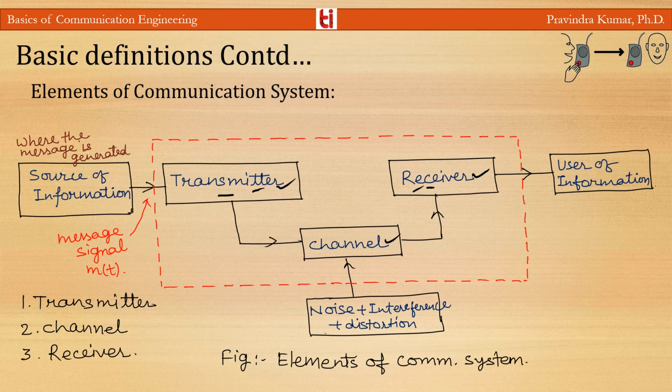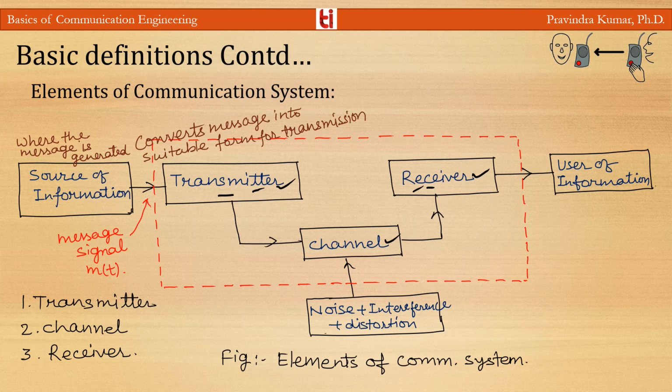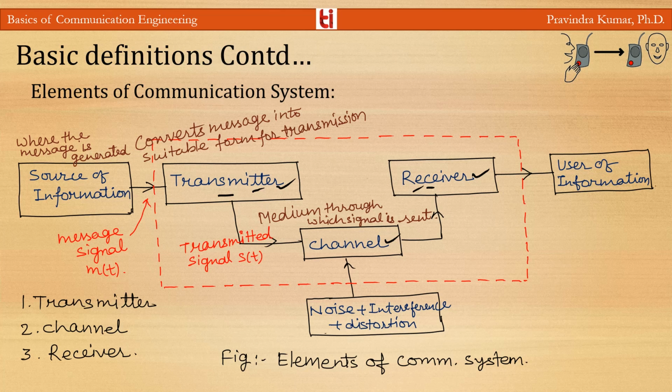To make it suitable for transmission, the transmitter converts this signal into the transmitted signal s(t). So m(t) is converted into s(t) for transmission over the channel, and this transmitted signal propagates along the channel.